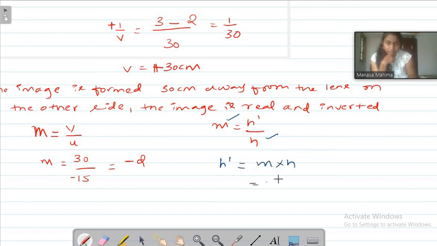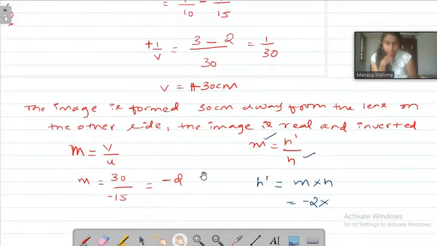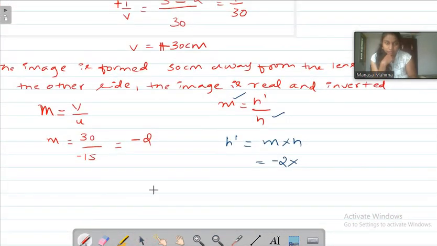What is m here? Minus 2, and h is 2 centimeters. So h prime is equal to minus 4 centimeter.